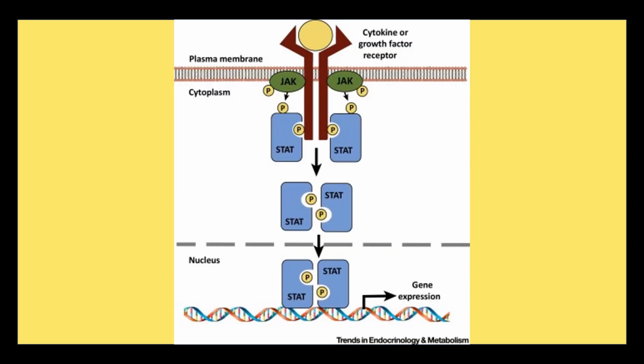So here is this pathway of JAK-STAT signaling. The JAK kinases are characterized by the presence of two kinase domains in each molecule, and several members of the family are known. There is JAK1, JAK2, JAK3, and TYK2.